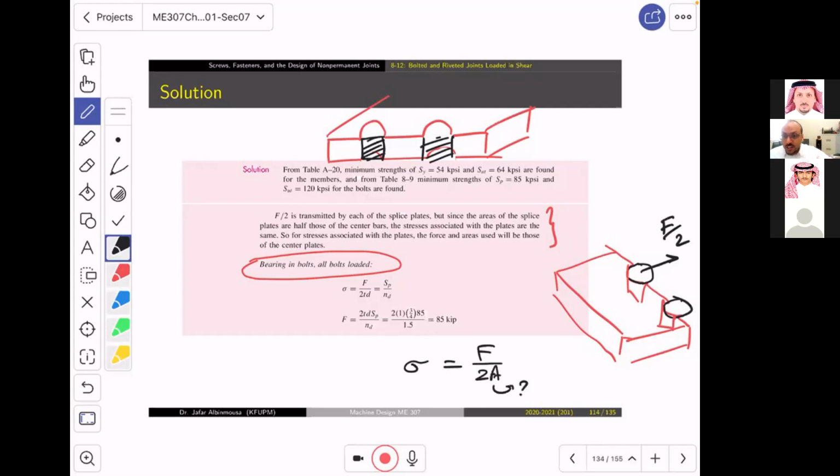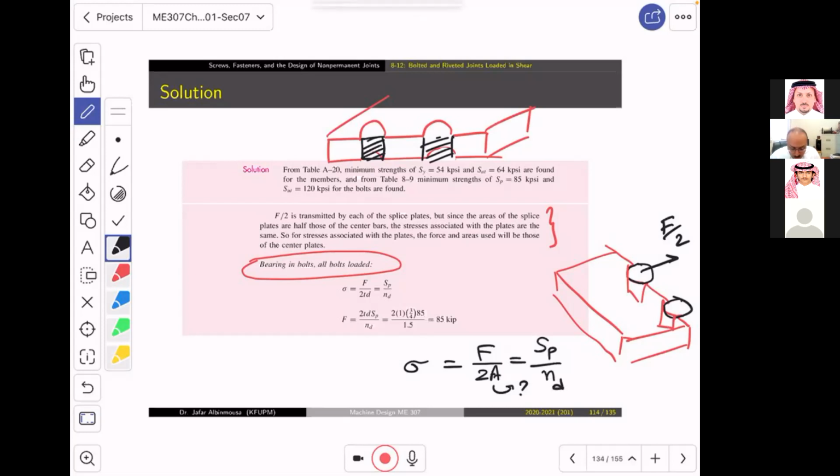And not only this, in order to find the force, I need to equate this with what? With an allowable stress. The allowable stress is equal to the strength. I am talking about the bolt strength, SB. And then I divide SB by what, guys? By a factor of safety, ND. You see that?